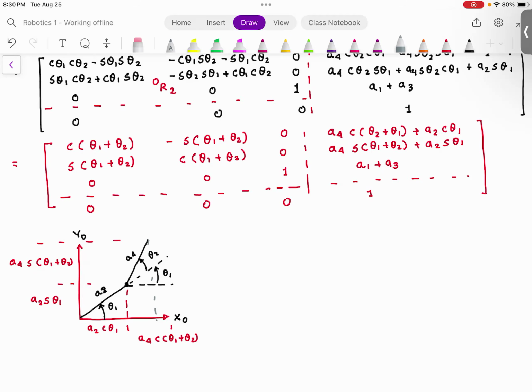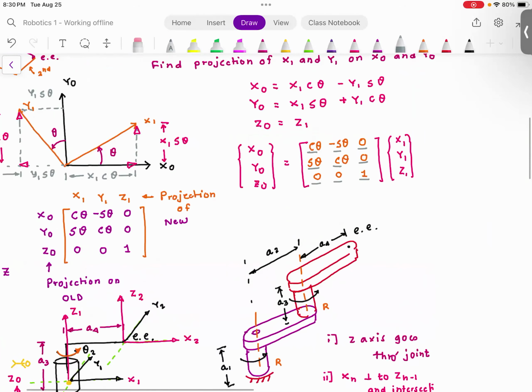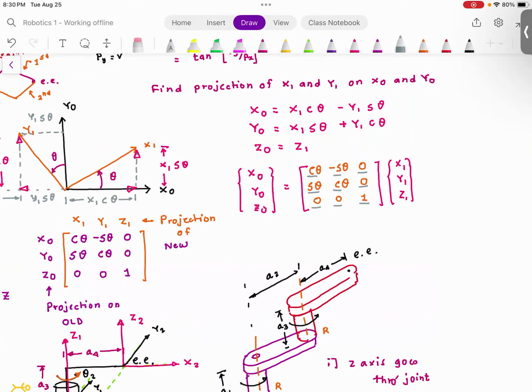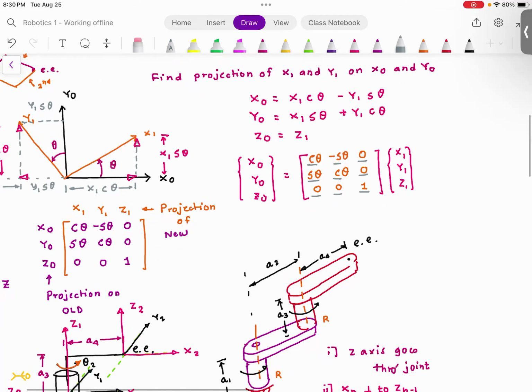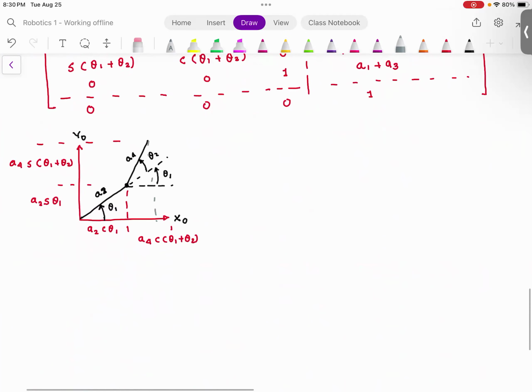This rotation matrix follows the same format as the rotation matrix that we derived. The only difference is that instead of theta, it's theta 1 plus theta 2 in each place, which is telling me that frame 2 is rotated by the total amount of theta 1 and theta 2 with respect to frame 0.